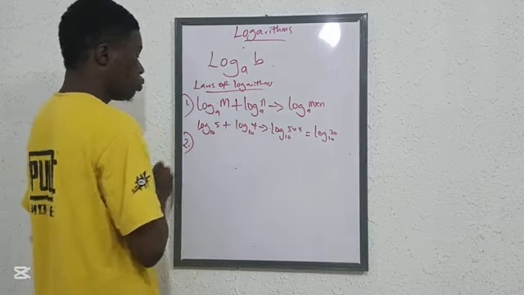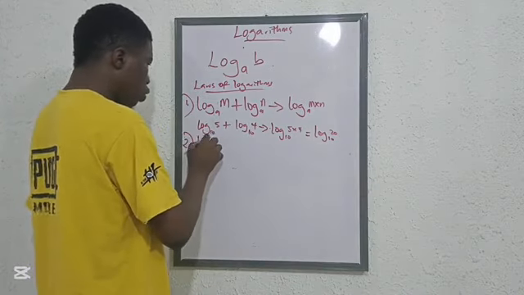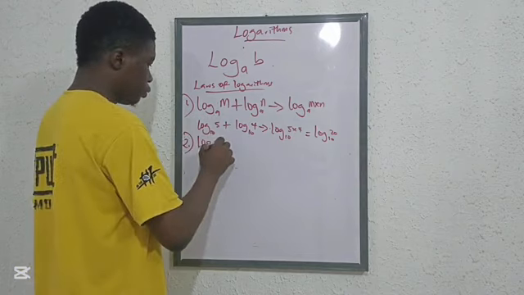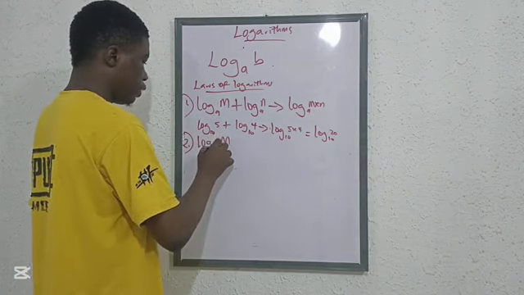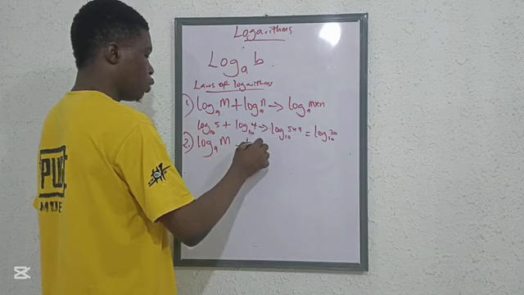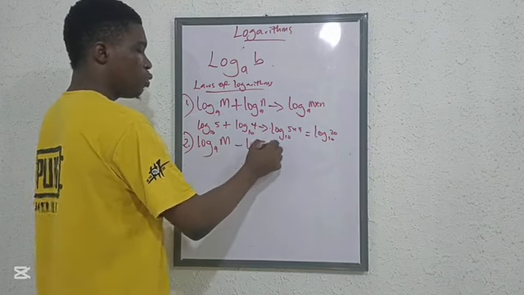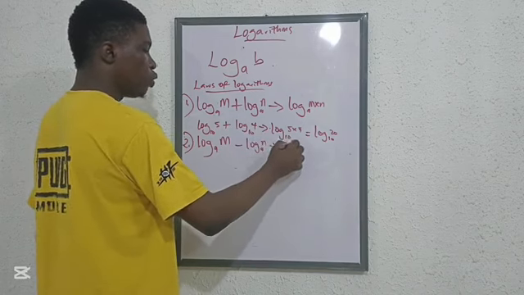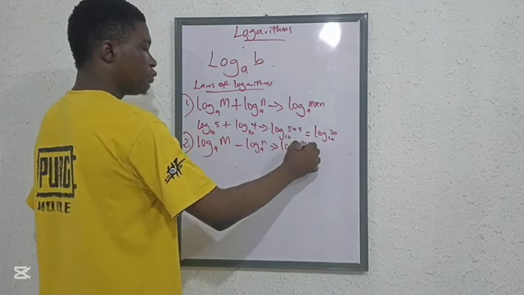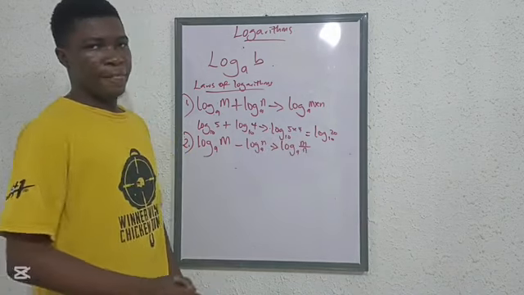And we have the second one, which is log m base a minus log n base a. Now, what do you do to it? You divide, so log m divided by n base a.